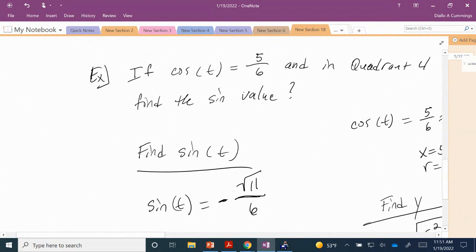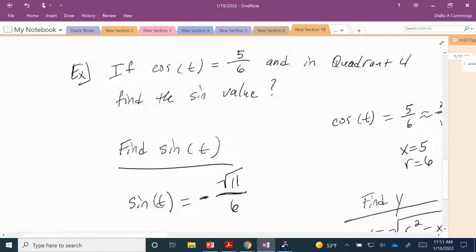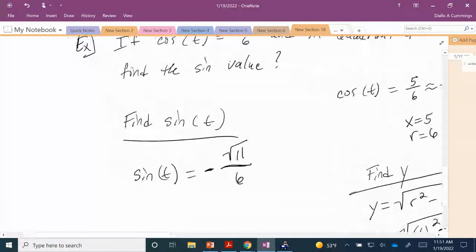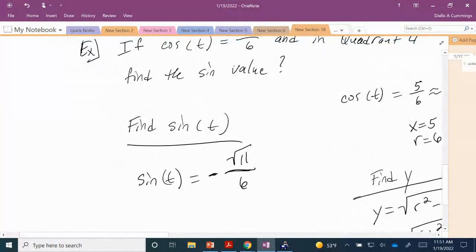Next, we proceeded to find y, because for the sine we need y over r. We had r and x. We didn't know y, so we found y. And then we used the y value divided by the r value to find the sine.